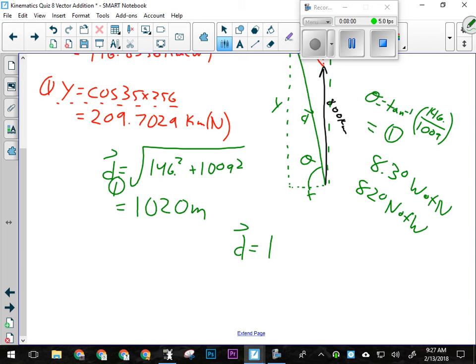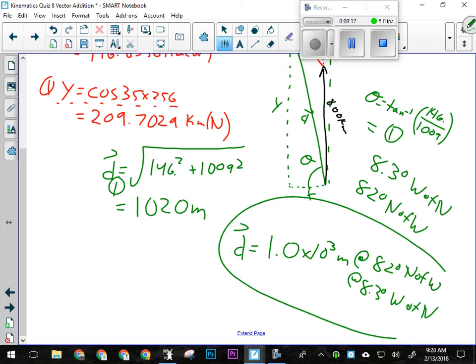Our total displacement will be 1.0 times 10 to the 3 meters, at either 82 degrees north of west or at 8.3 degrees west of north. That's your 8th and final mark. Questions on that one?